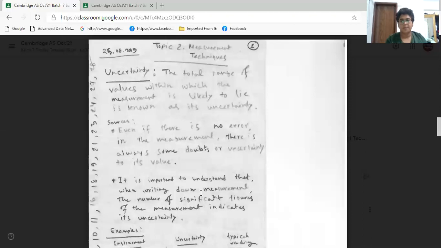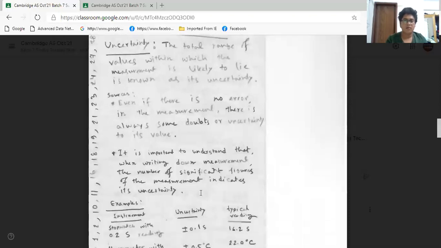But when you are writing only two or three significant figures, there are some more values which you omitted. So those are also sources of uncertainties. So when we are writing in particular significant figures, we are shortening the number, isn't it? And because of this shortening, there is also some uncertainty. Is it clear now?